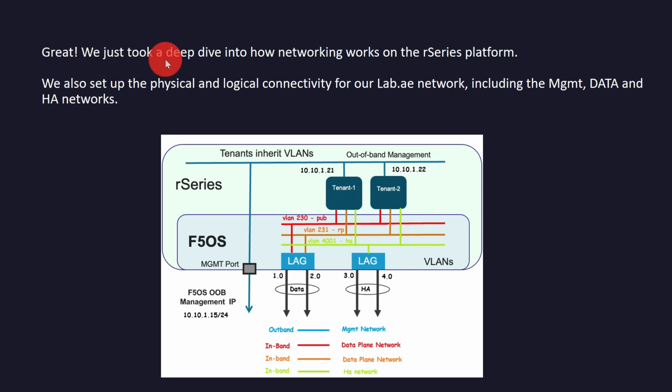We just took a deep dive into how the networking layer works in rSeries platform. We also set up the physical and logical connectivity for our lab network. This includes the management, data and HA networks.